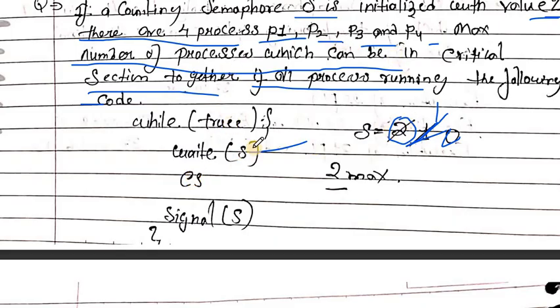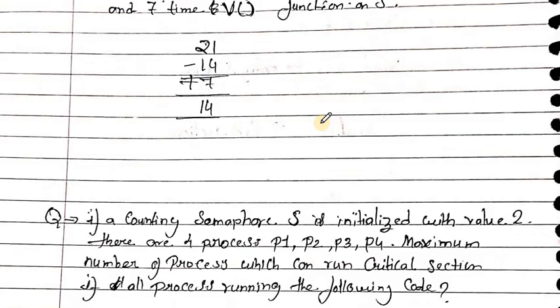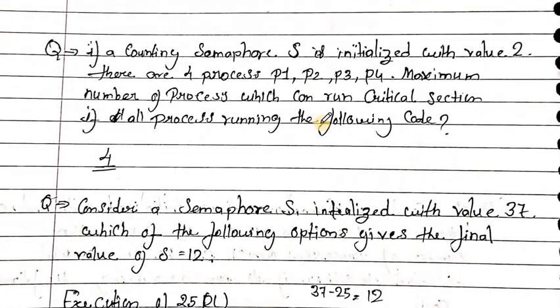Now if another process wants to enter, it executes wait, but the value of the semaphore is 0, so the process is stuck in the while loop. So at a time only 2 processes can enter the critical section. Understood? These are some more questions. You can try them.